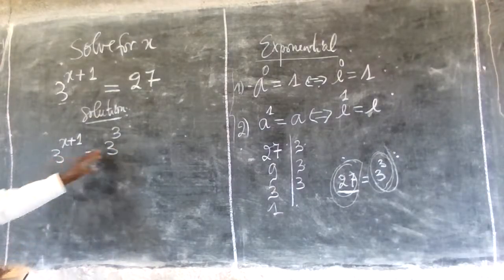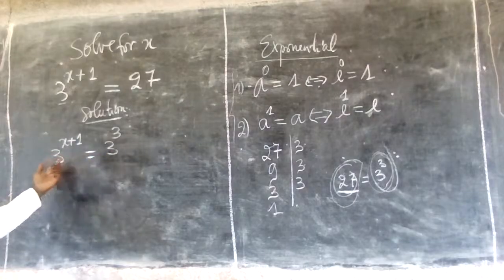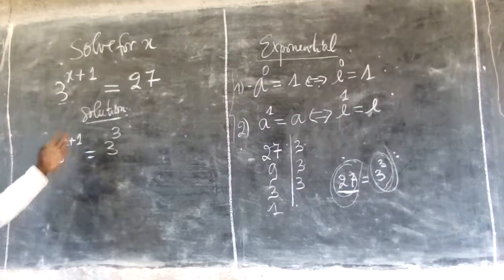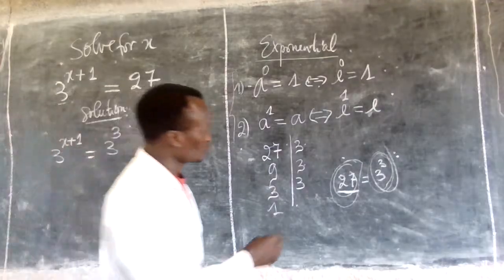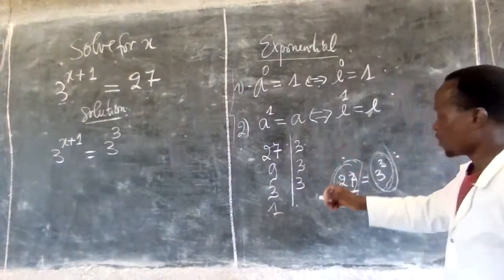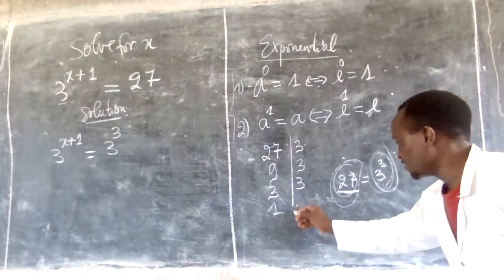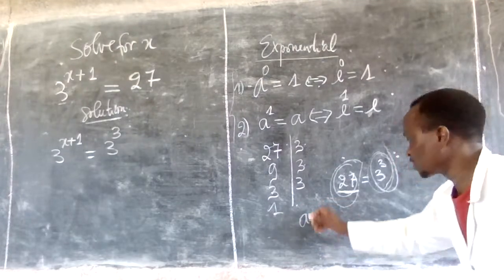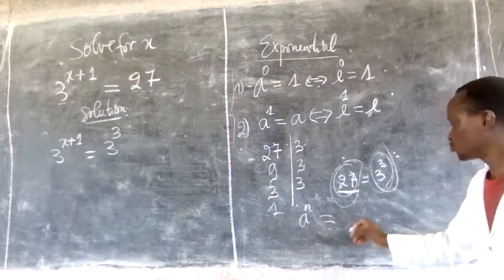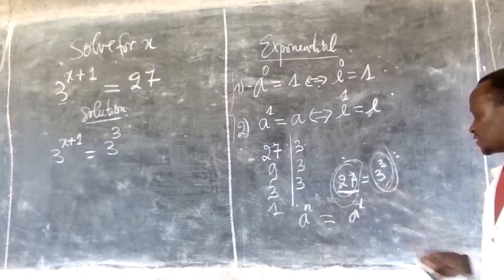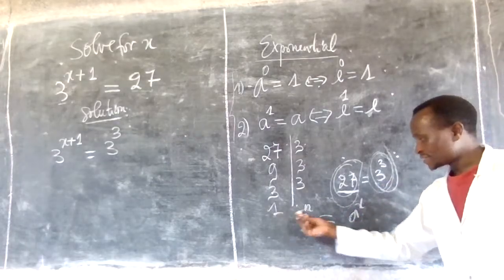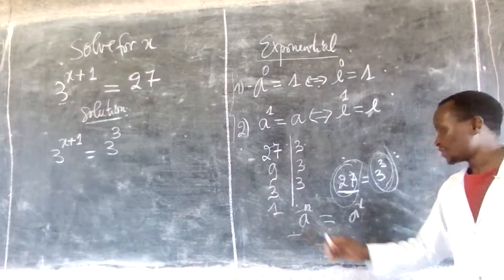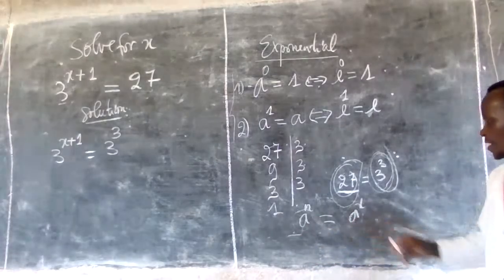It means that you have to eliminate the bases and remain with their powers. For example, if you have a power n, which is equal to a power x, because here we have similar bases, on the left side we have a and on the right side we have a also.